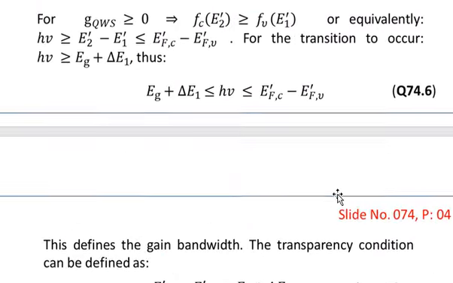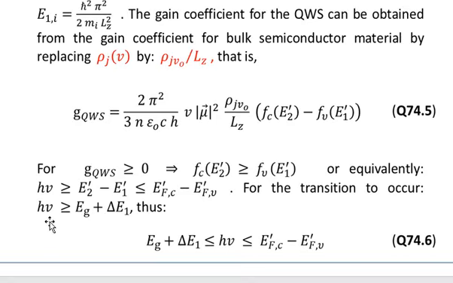So here we are writing this expression that h nu should be greater than or equal to the band gap energy between the two levels, that is, between the valence sub-band and the conduction sub-band. So this is Eg. So h nu should be greater than or equal to Eg plus delta E1, where delta E1 is what I have mentioned just a minute ago.